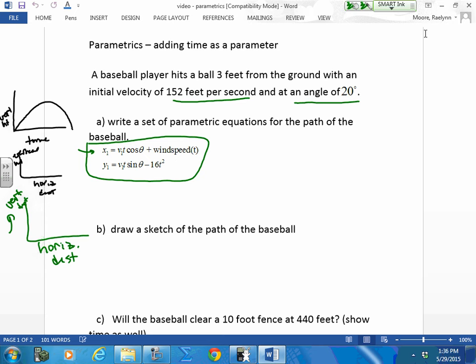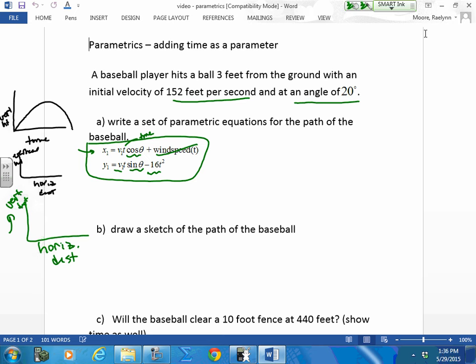We've got initial velocity, v1, t, this is our parameter for time, the cosine of the angle and the sine of the angle, this is the angle that he's hitting the ball at, wind speed, which we'll add in a minute, so right now we have no wind speed, there's no wind blowing, and in our vertical, we have to use negative 16t squared, so the pull of gravity brings the ball back to the ground.